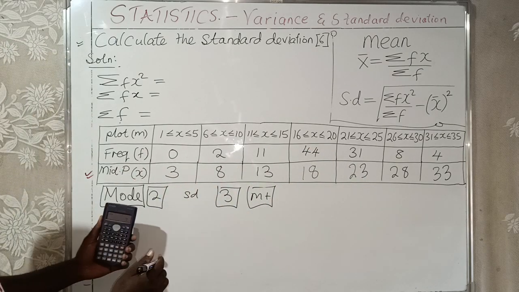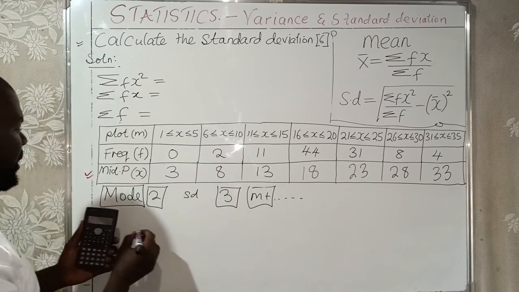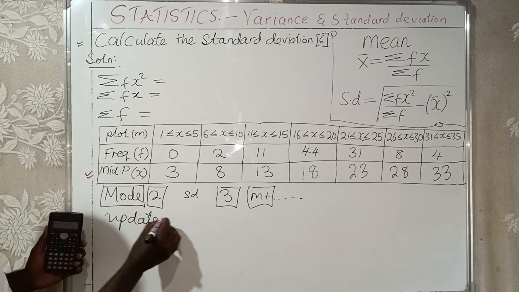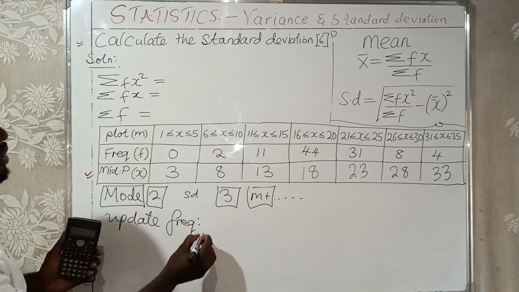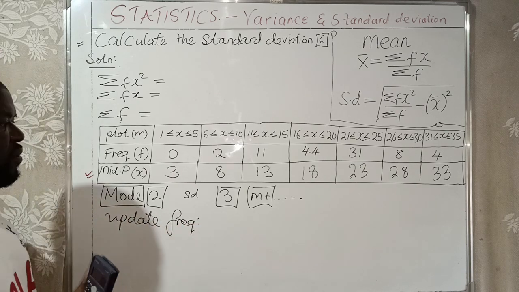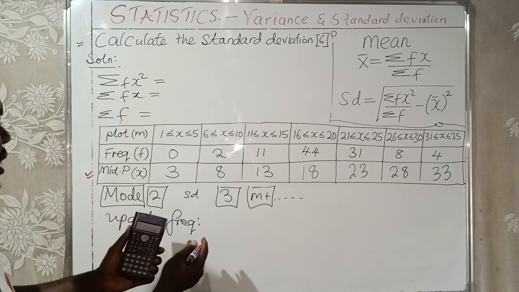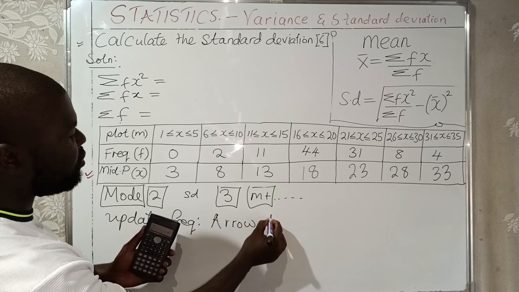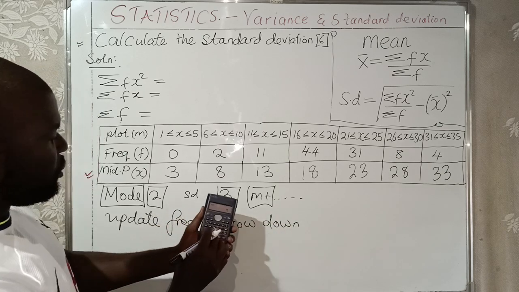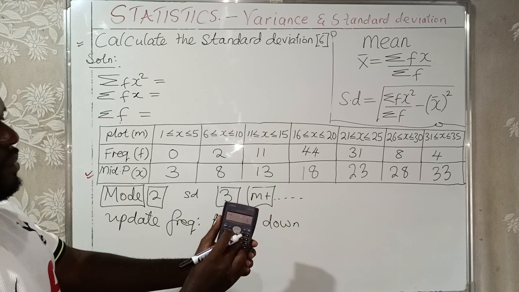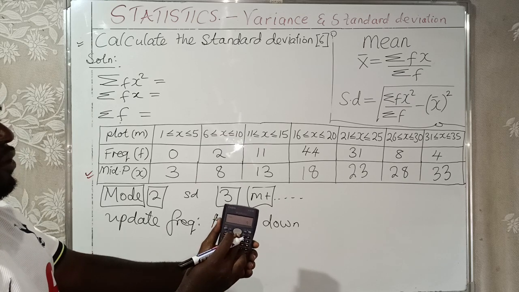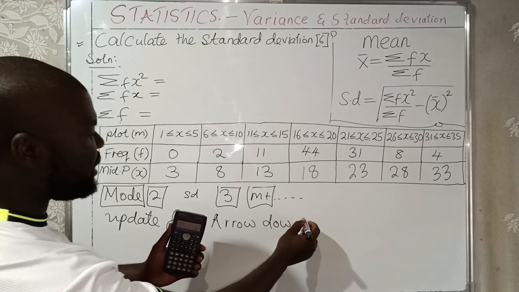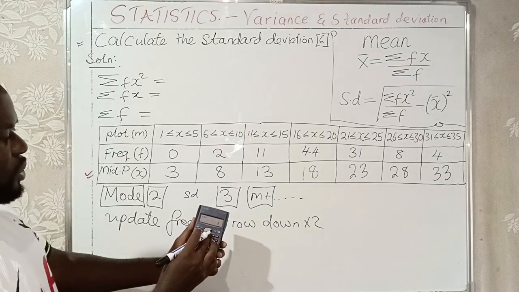So now the way you update your frequencies, you press arrow down. There is this button for arrows, four arrows, and you go for the one with the arrow down.